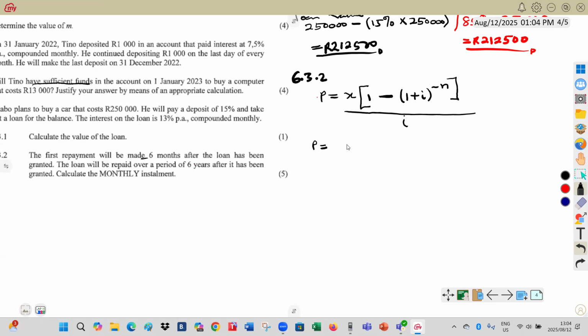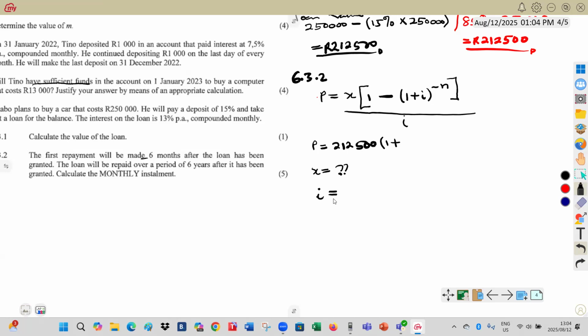The loan value, which is 212,500, but that amount needs to be adjusted for 5 months.